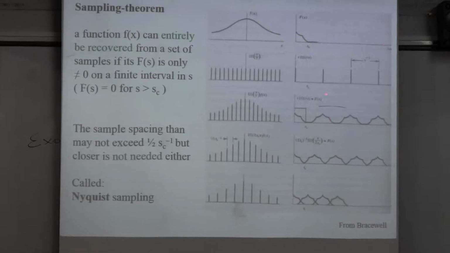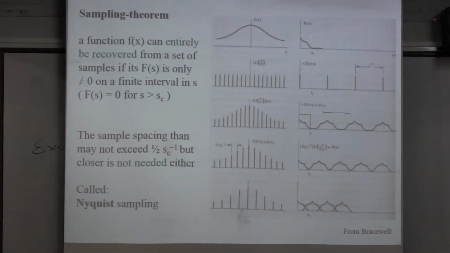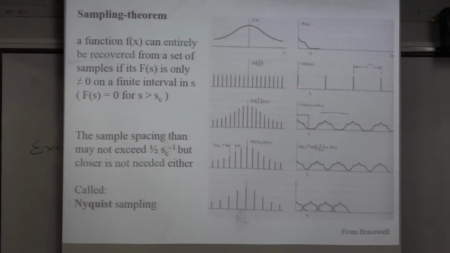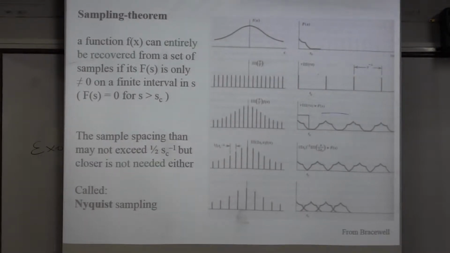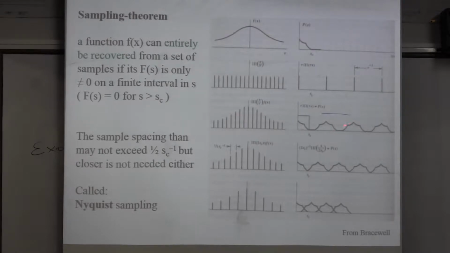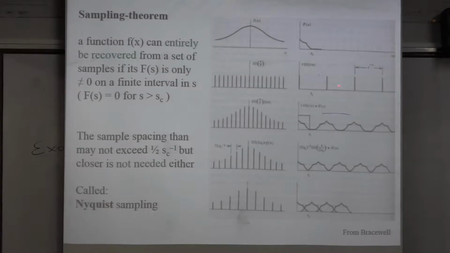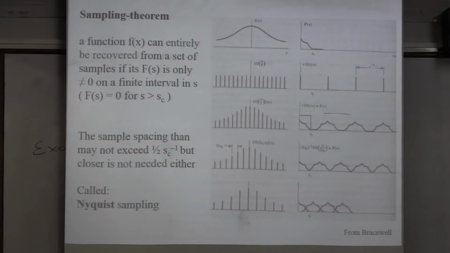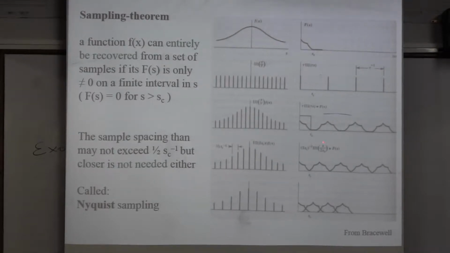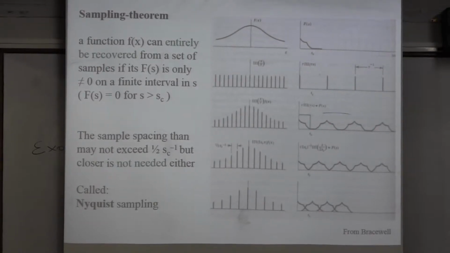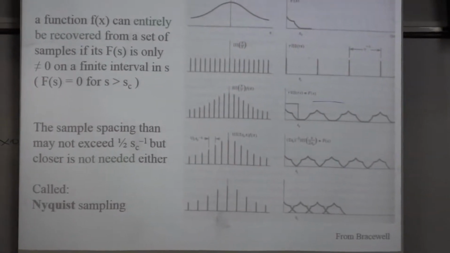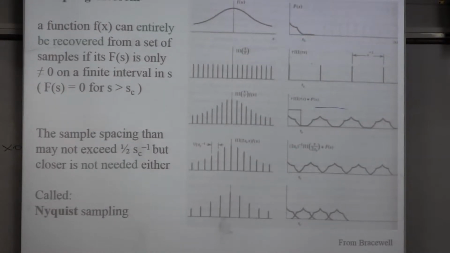These delta functions are convolved with this Fourier transform of the function, and therefore I get this function here, and I get it yet another time here, yet another time here, yet another time here, because that's the convolution of this repetitive function with this single function here. This is not particularly interesting. It usually is a troublemaker, the fact that it's there and yet another time and yet another time.